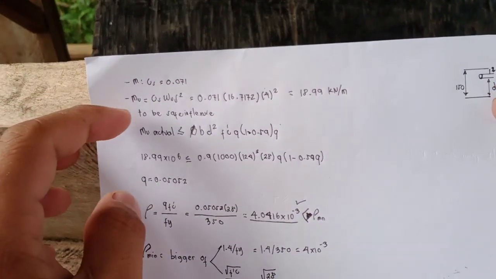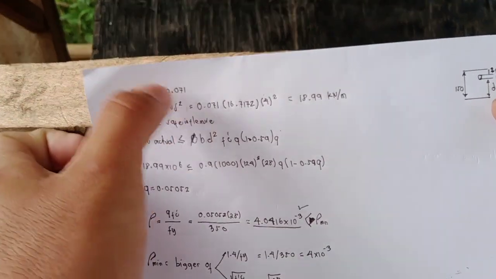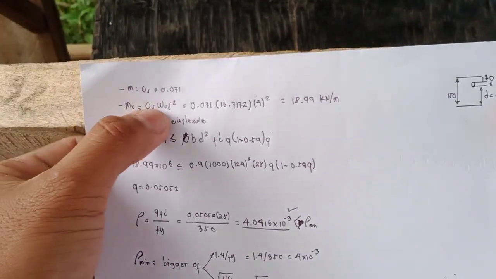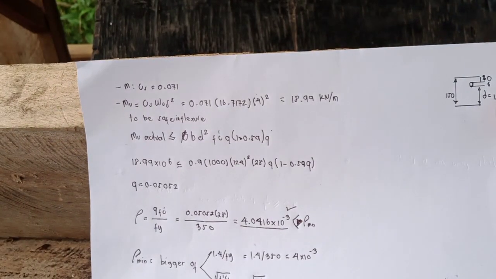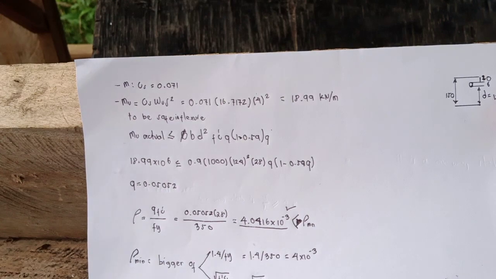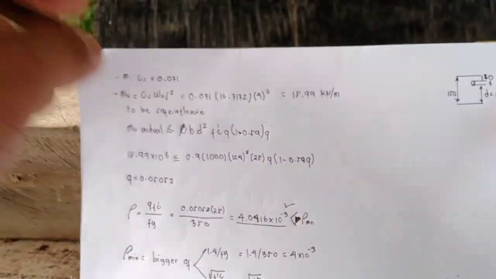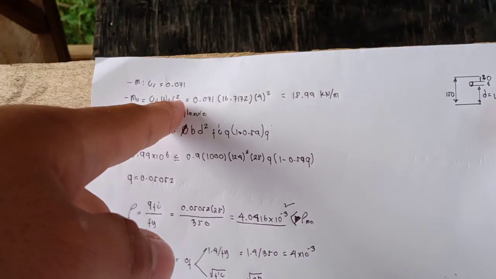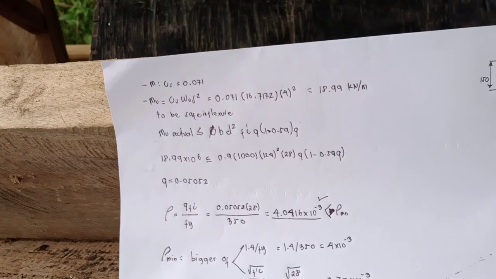So our Mu, with the coefficient of short span Cs equal to 0.071, times our Wu. As we can see here, our Wu is 16.7172, and our S is 4.